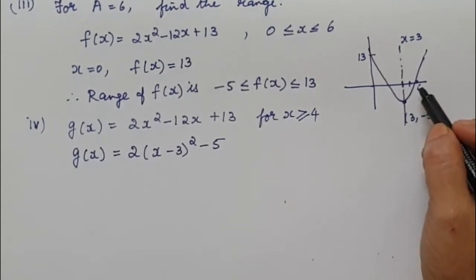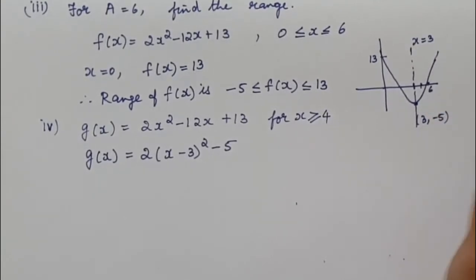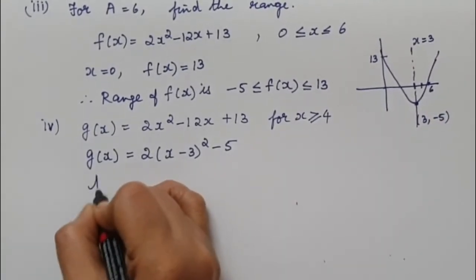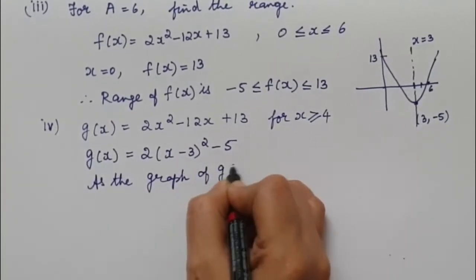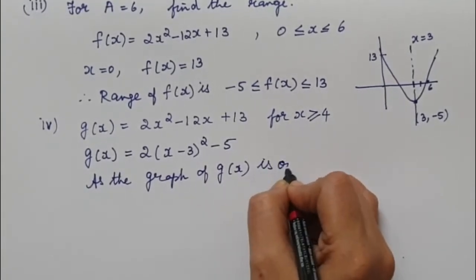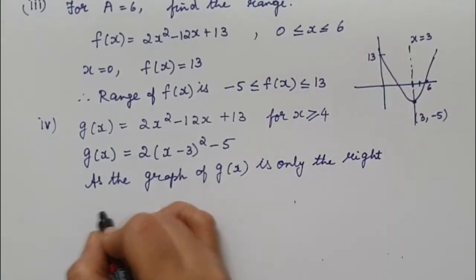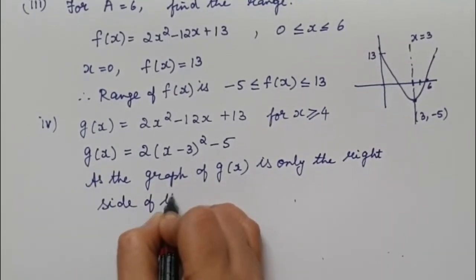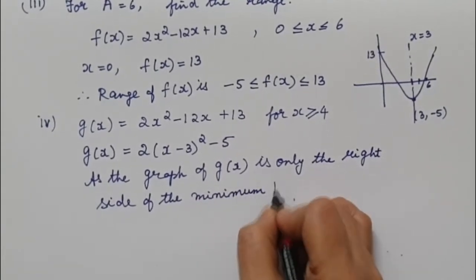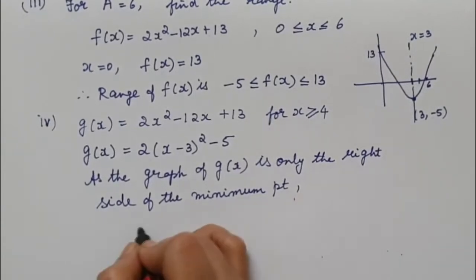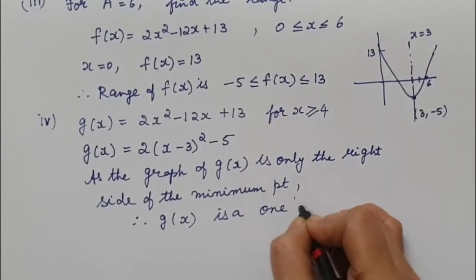As the graph of g of x is only the right side of the minimum point, g of x is a one-to-one function.